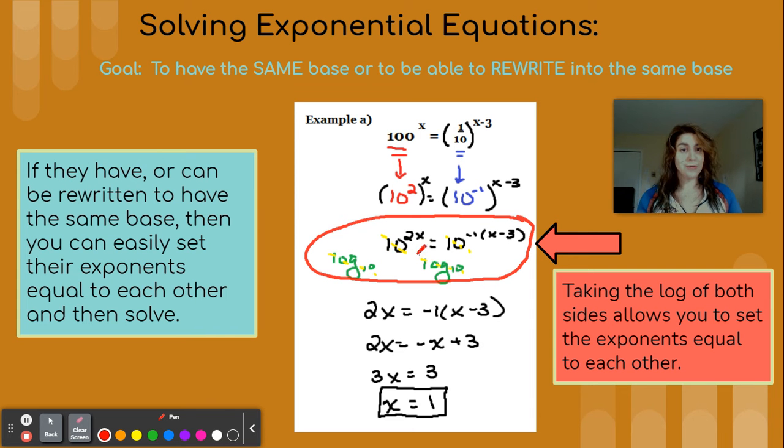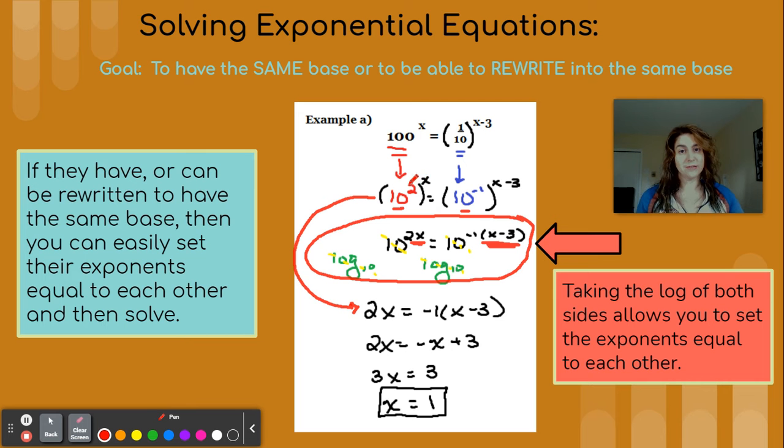So we don't have to write that because their exponents will always end up equaling each other. They're just going to drop down. So you'll see as we go through examples in class, I'm not going to be writing out this middle step here. I'm basically going to go from writing them with the same bases down to this point here where I set their exponents equal to each other.